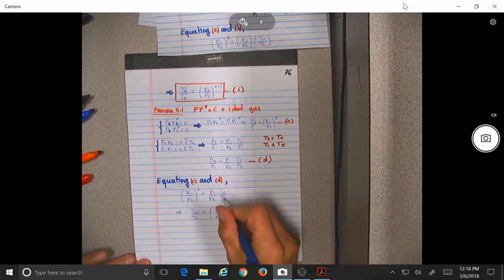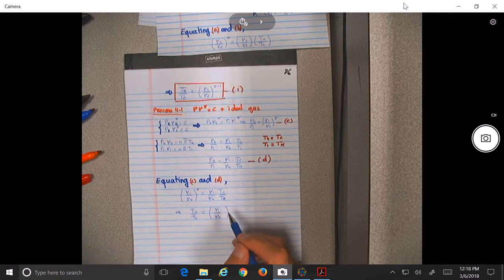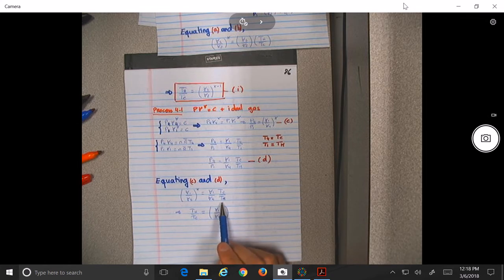So TC, no, because we moved this one to the top here. So what would be the exponential here? I mean, we changed the order for this one. Remember, we moved this one to the other side. So maybe it would have been easier to do it the other way.